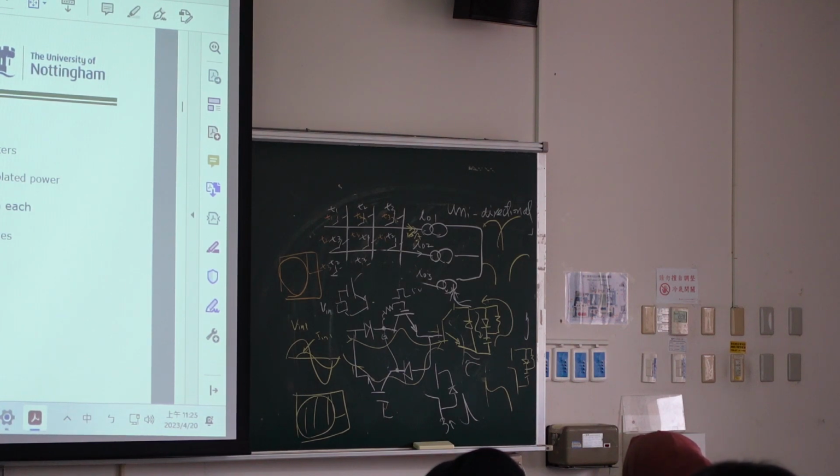This is your ground, this is 5 volt. This is your ground, this is 5 volt. So we can design isolated power supplies. This switch needs one power supply. This switch needs another power supply. Can we use one power supply for this one and this one?